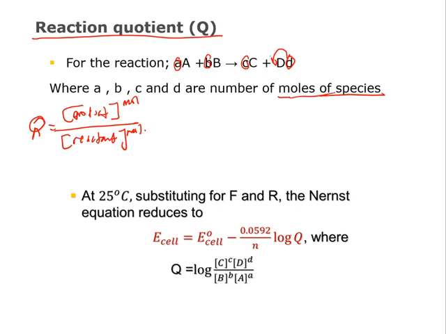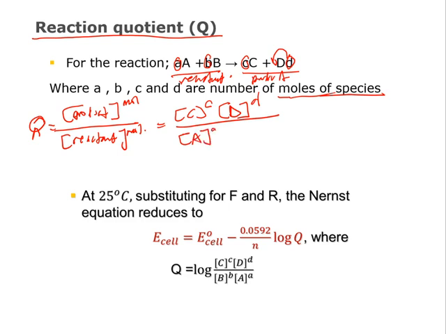So now in this particular case, these are products, right? Then these are reactants. Then we can use this equation, which will be equal to the concentration of C raised to the power small c, because this is a constant mole, times the concentration of D raised to the power small d, divided by the concentration of A raised to the power small a and the concentration of B raised to the power small b.